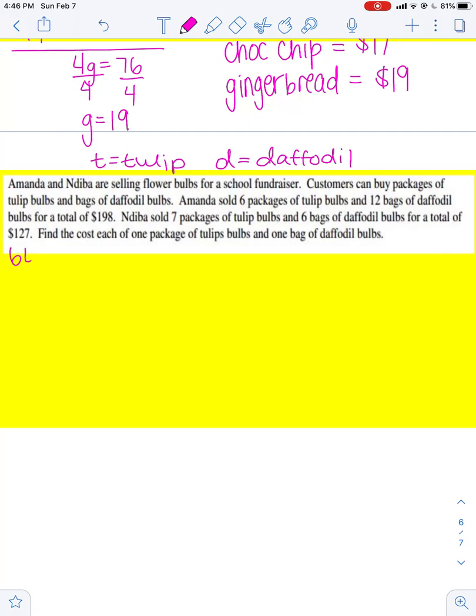So we know that she sold 6 tulips plus 12 daffodils for $198. And then we have 7 tulips plus 6 daffodils for $127.